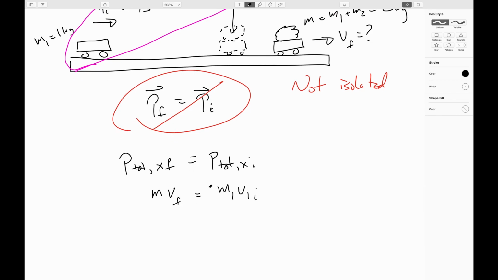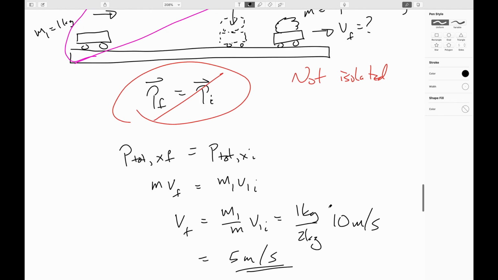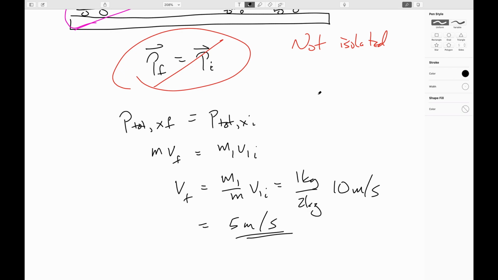So that gives me that the final velocity is m1 over m v1 initial. So putting in what these are, this was 1 kilogram over 2 kilograms times 10 meters per second, we get 5 meters per second. So if you actually try something like this, if the masses are equal, you'll see that the speed of the cart drops to half of what it was before.